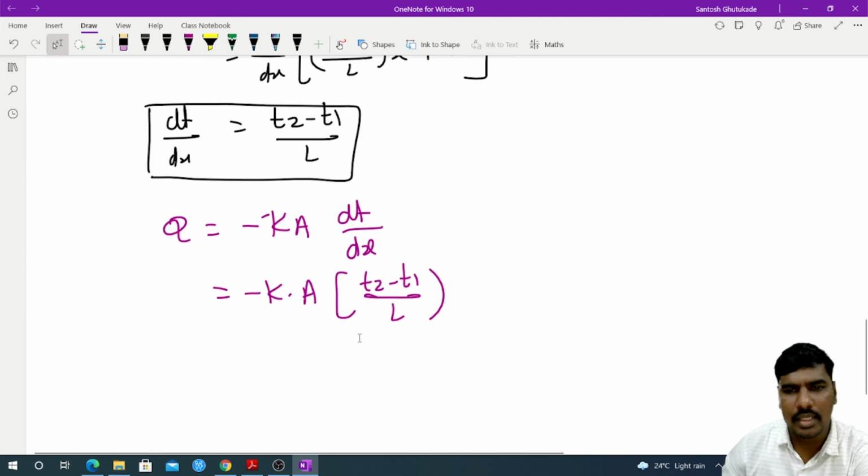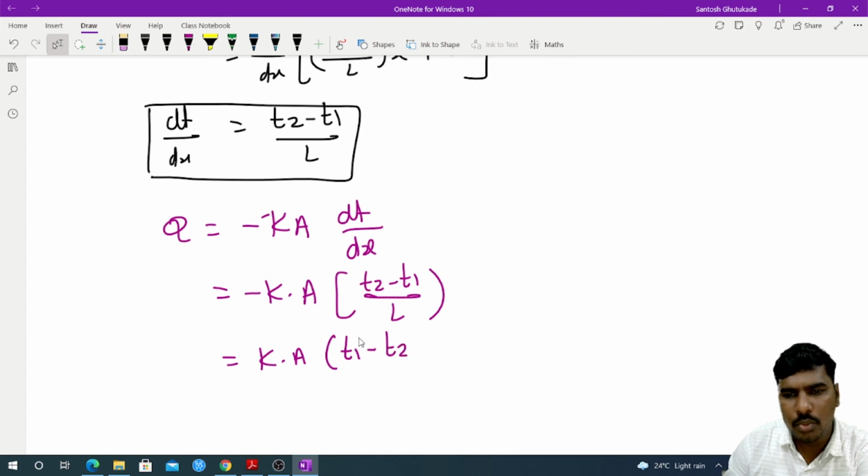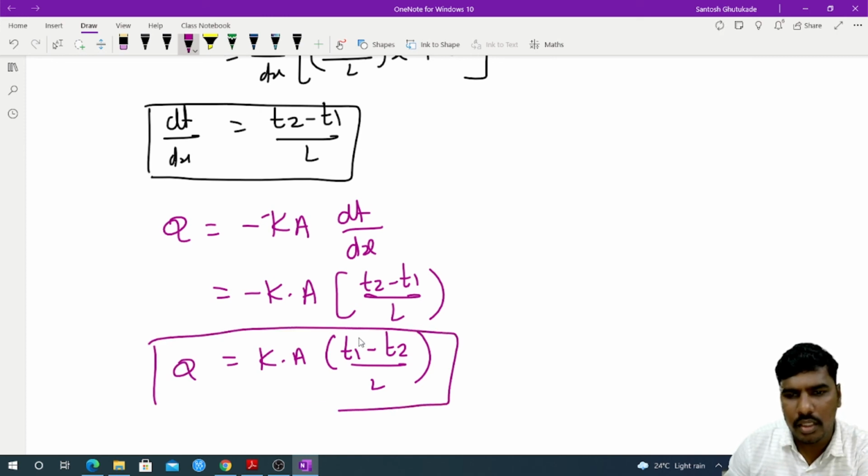Or if you give this sign inside the bracket, you will get KA T1 minus T2 divided by L is equal to Q. So this is the equation for heat conduction through the plane wall.